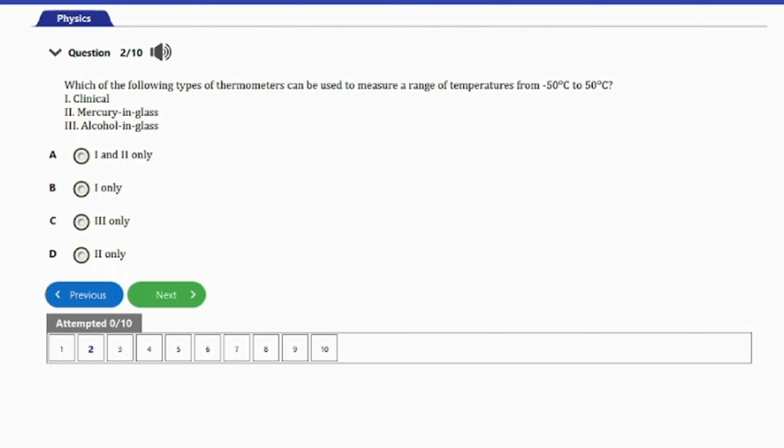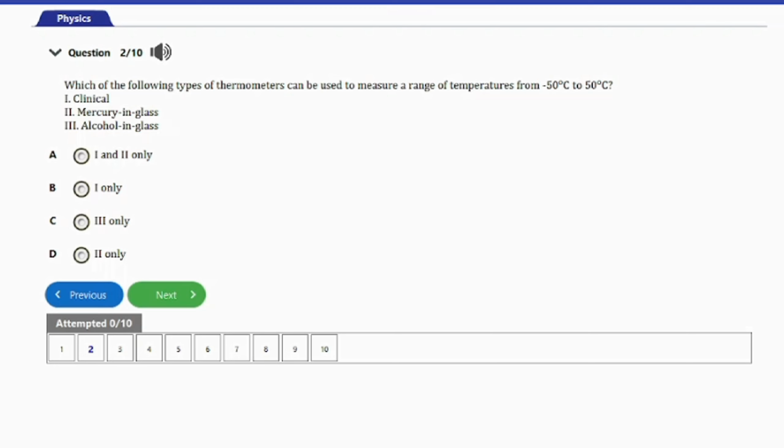Option C, III only. Option D, II only. So guys, the answer to this question is option C, and that's III only. A temperature as low as -50 degrees Celsius to 50 degrees Celsius will be measured using an alcohol in glass thermometer. And that's it for this question.